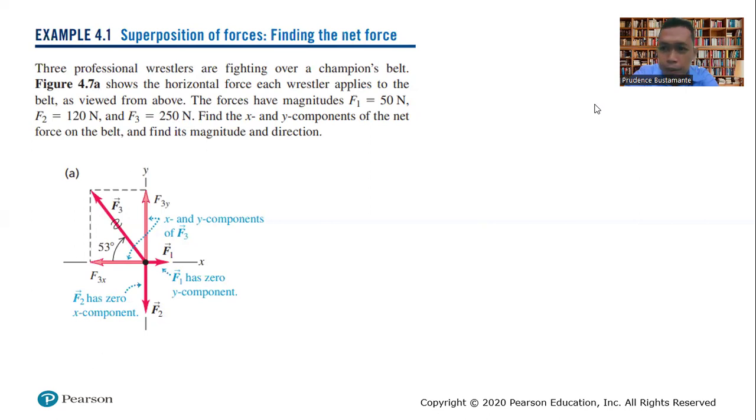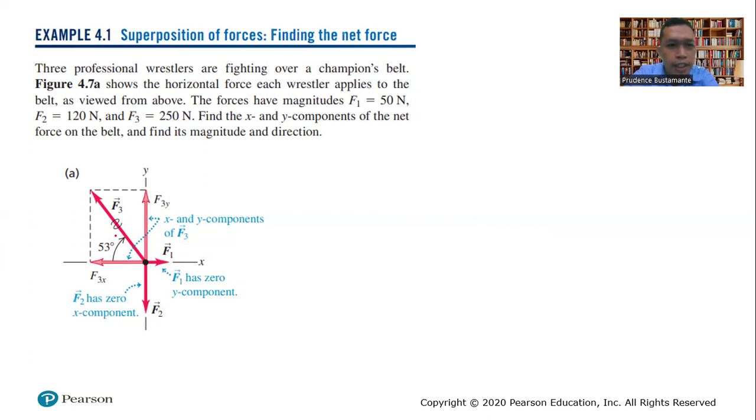Ang isa nagbira sa positive x-axis, ang ikaduha nagbira sa negative y-axis, ang ikatulo tunga-tunga sa positive y ug negative x-axis. Kani F1, F2, F3. Mao ni ang angle description kung tan-awon nato gikan sa taas.